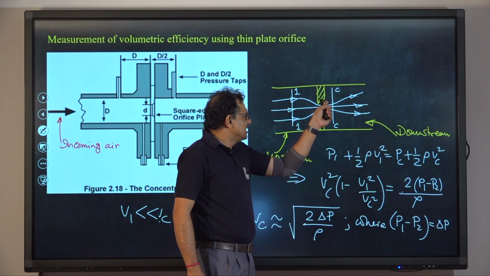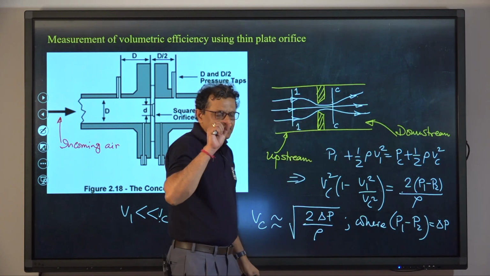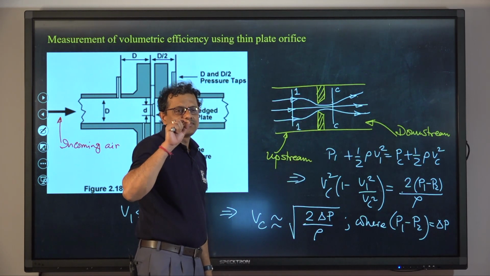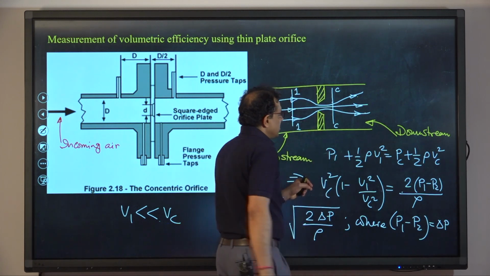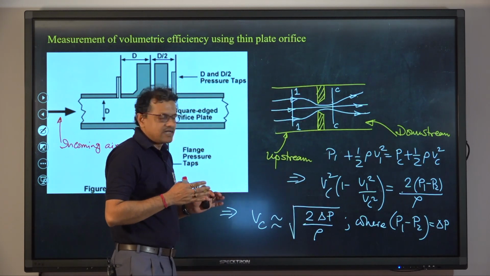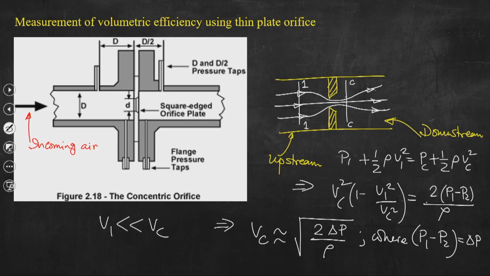In this particular section CC, where the distance between streamlines is very small, that is, the cross sectional area is minimum, so velocity is very high, and the flow velocity at section CC, that is in the vena contracta, is much higher than the upstream flow velocity.